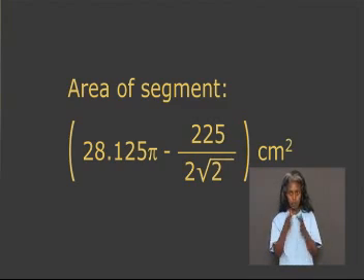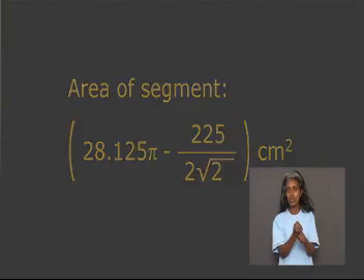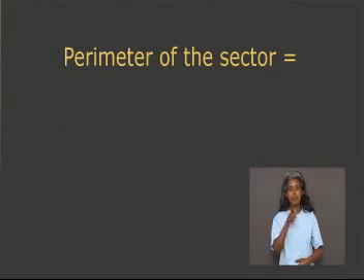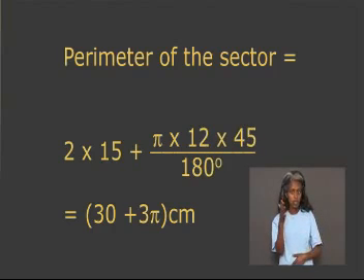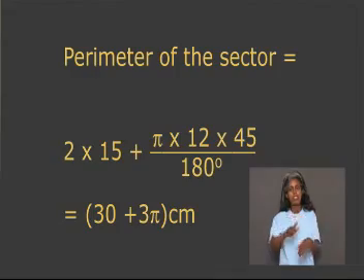If this was your answer, good work. Finding the perimeter of the sector may have been more of a challenge. This is what your answer should look like. It is a multiplication of twice the radius plus the length of the arc.